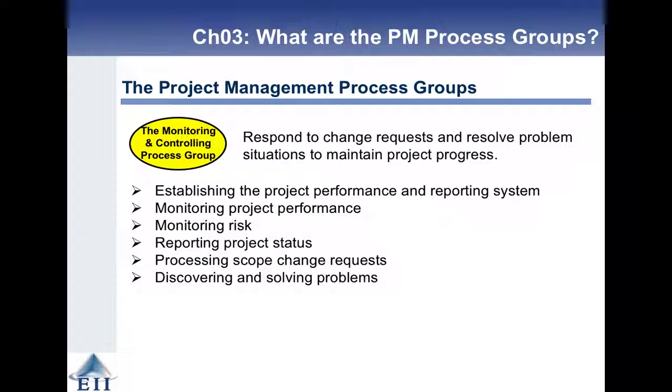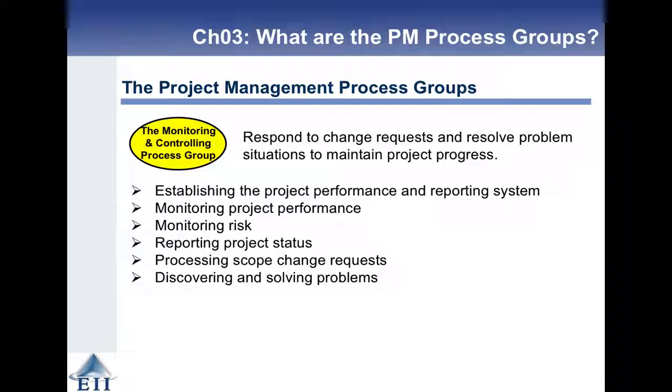Now we've started the project, we've got to do it. At the start of that monitoring and controlling section, we figure out how we're going to monitor performance and how we're going to report things. We monitor it, we monitor risk, we report status periodically to higher level management and other stakeholders.